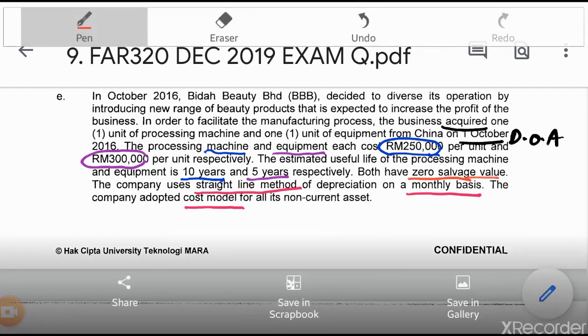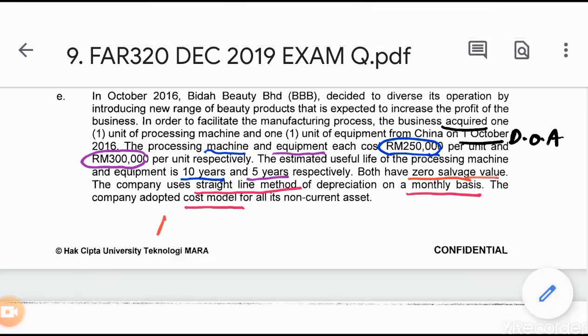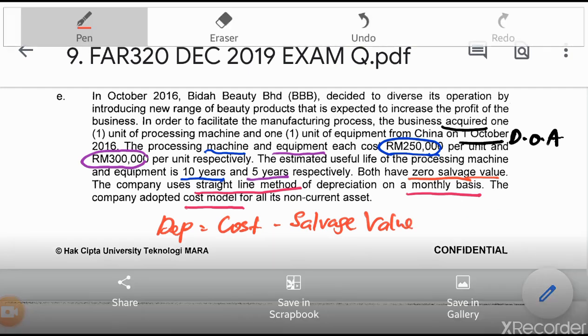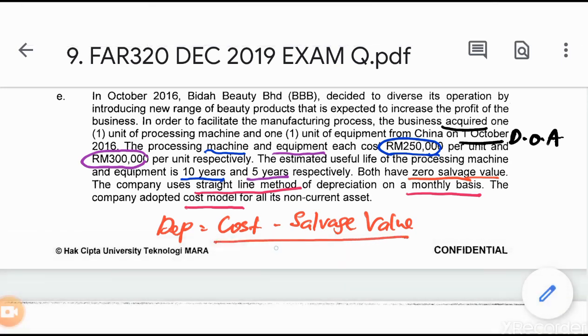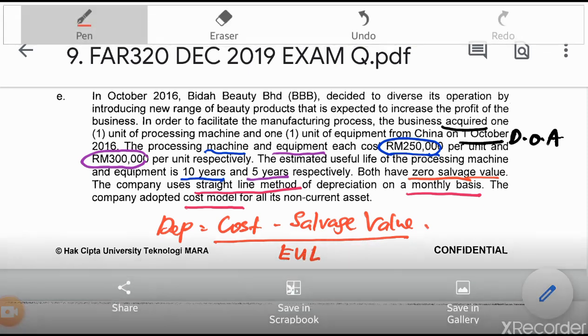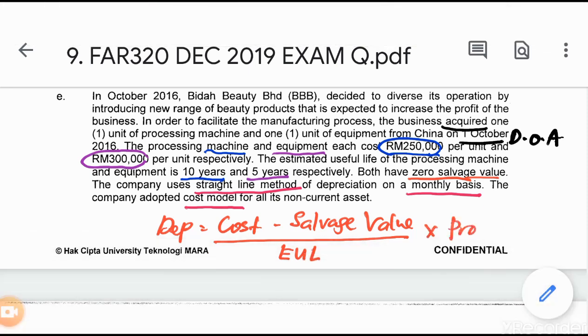So if you recall, for the straight line method, the depreciation is calculated by taking cost minus the salvage or residual value, and that is going to be divided by the estimated useful life, and then you are going to multiply by the proportion.